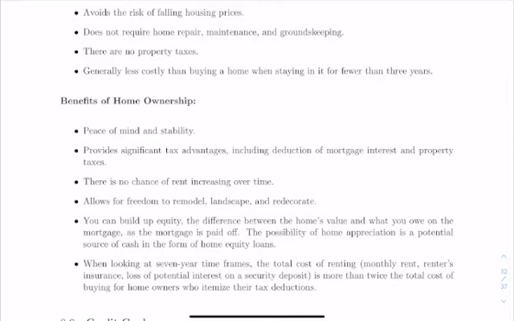The possibility of home appreciation is a potential source of cash in the form of home equity loans. And when looking at a 7-year time frame, the total cost of renting, which is your monthly rent, renter's insurance, and loss of potential interest on a security deposit, is more than twice the total cost of buying for homeowners who itemize their tax deductions.